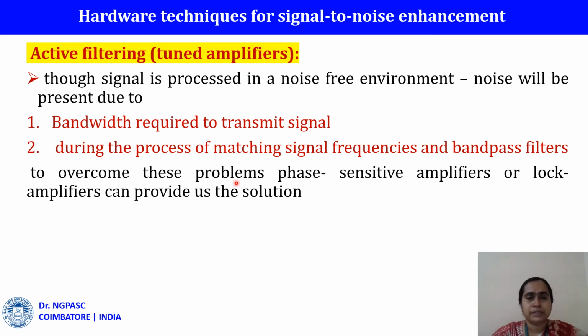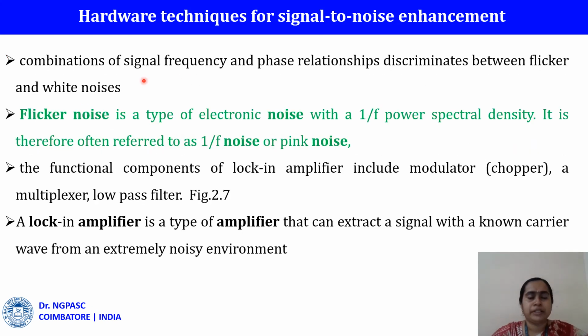To overcome these problems, phase-sensitive amplifiers or log amplifiers can provide the solution. Combinations of signal frequency and phase relationship discriminate between the flicker and the white noise. So what is flicker noise? It is a type of electronic noise with a 1/f power spectral density. It is therefore often referred to as 1/f noise or pink noise.